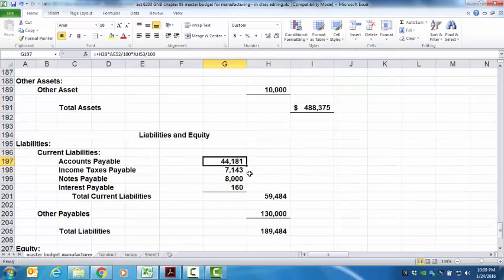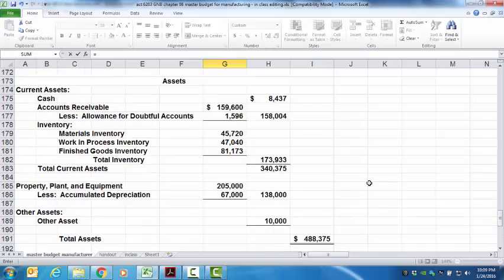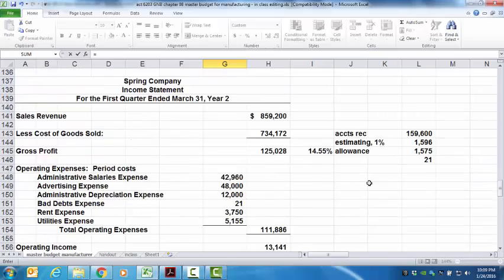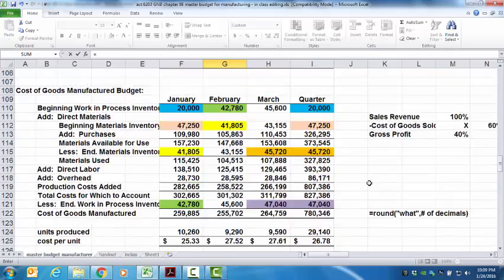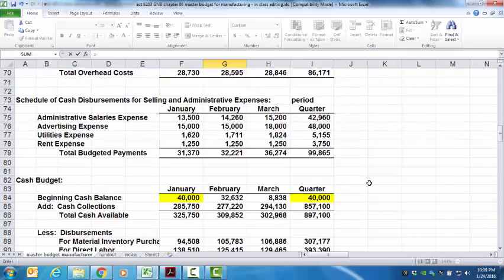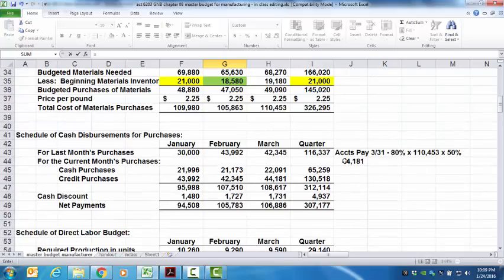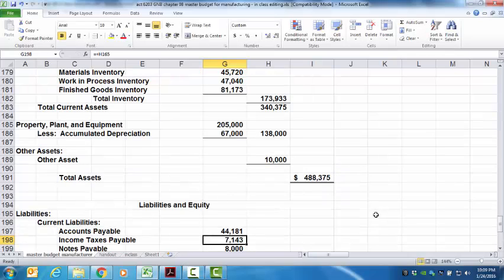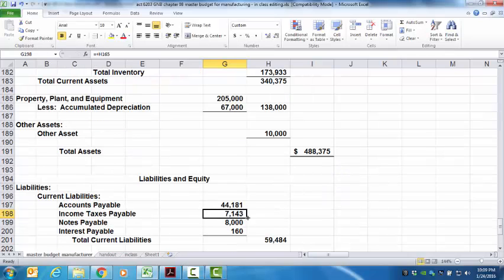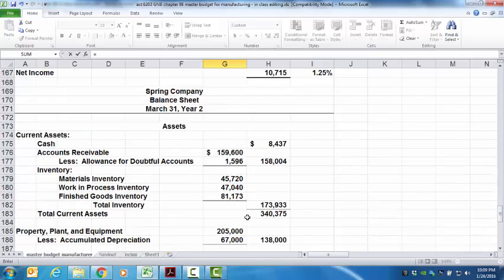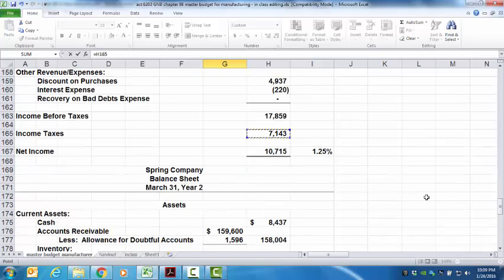Accounts payable. And if you recall, we went ahead and calculated that when we were talking about our materials purchases and how we pay for them. So if I scroll back up to that cash disbursements, there's that accounts payable balance that we already calculated. As far as the taxes goes, we just found that from our income statement.